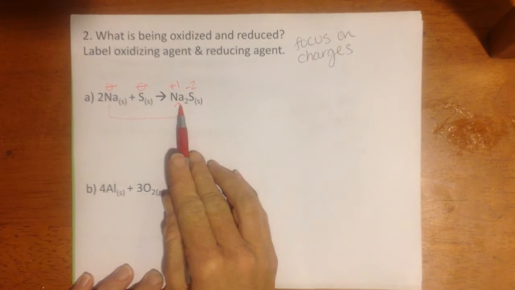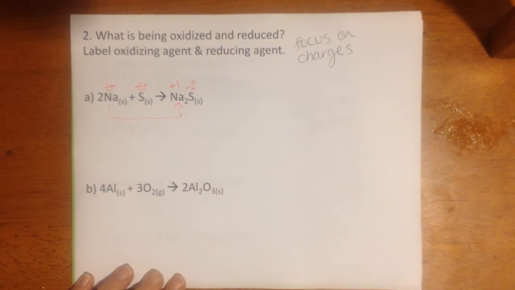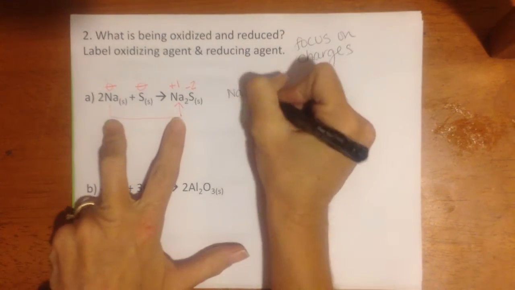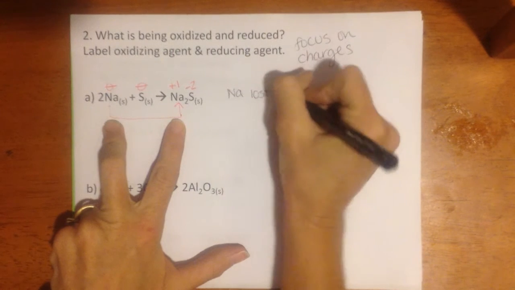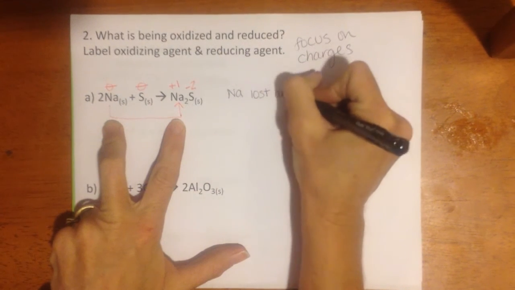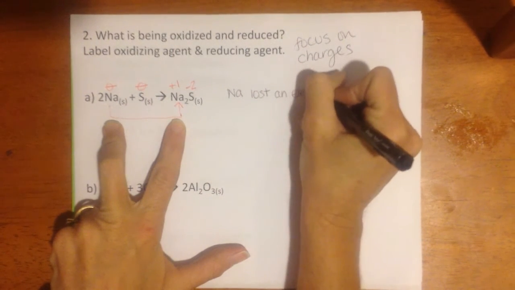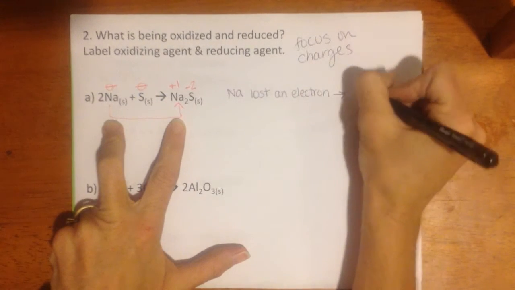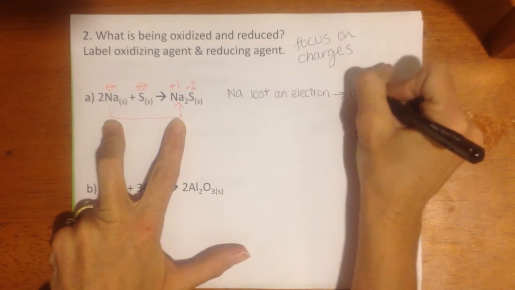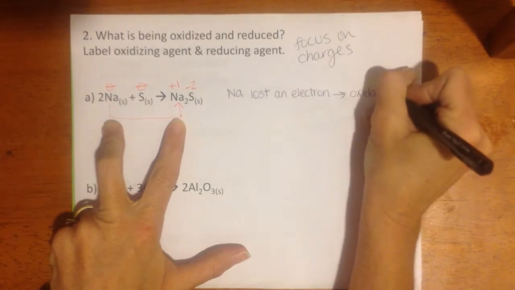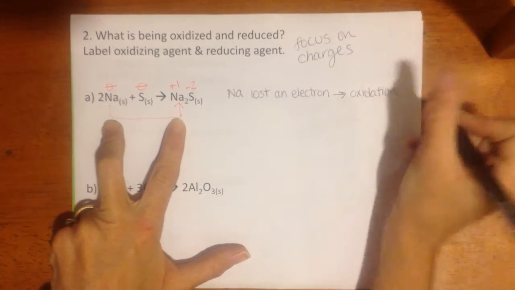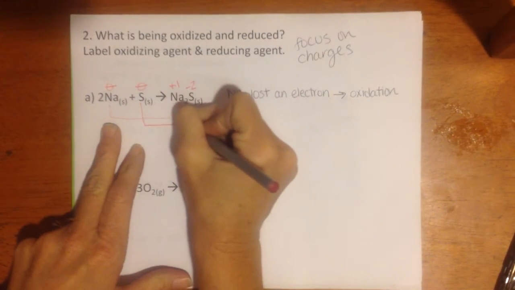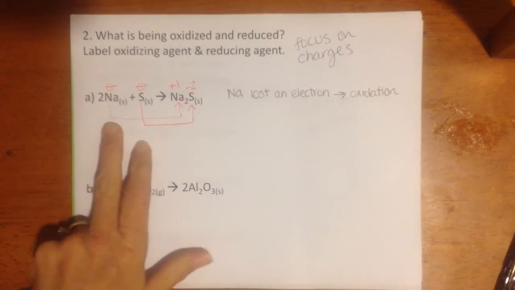So what happened is the sodium metal turned into a sodium ion. It looks to me like the sodium lost an electron. Therefore, a loss of electron is oxidation. If sodium lost an electron, someone must have picked that electron up.